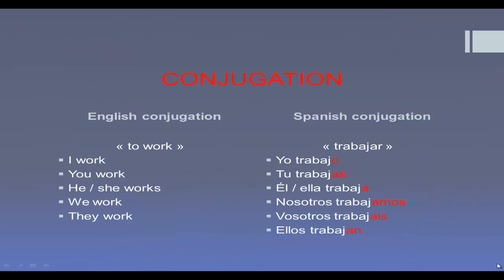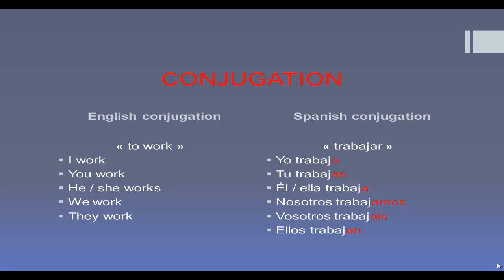Conjugation. In Spanish, we have many ways to conjugate a verb. One of the most obvious differences is that in Spanish, the last syllable or letter of a verb changes according to the conjugation and the subject. For example, in English, the verb to work in present simple is conjugated like this: I work, you work, he or she works, we work, they work.